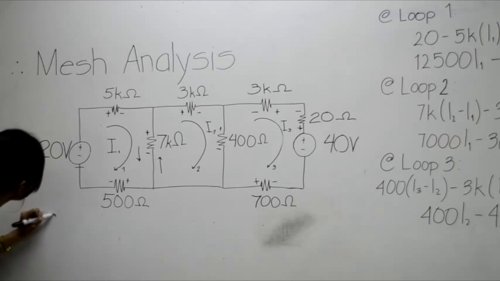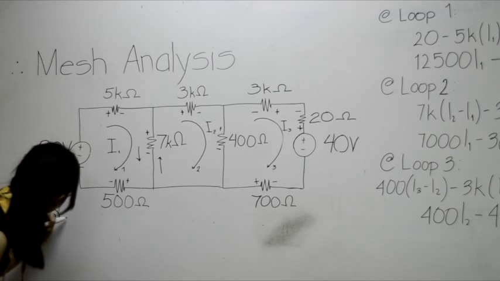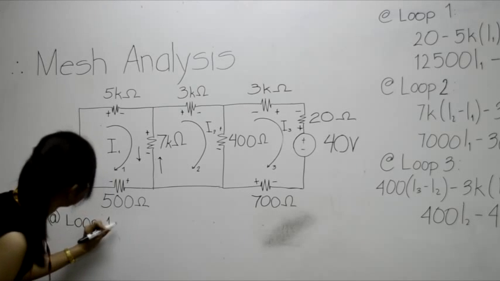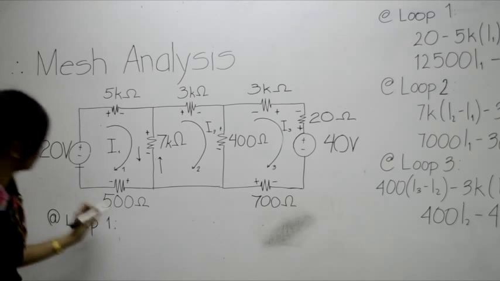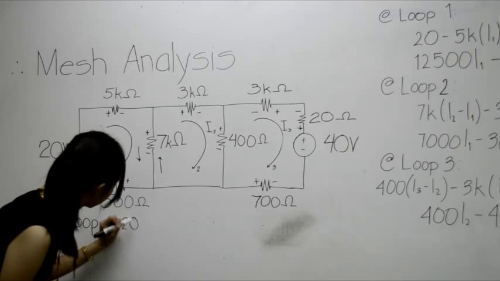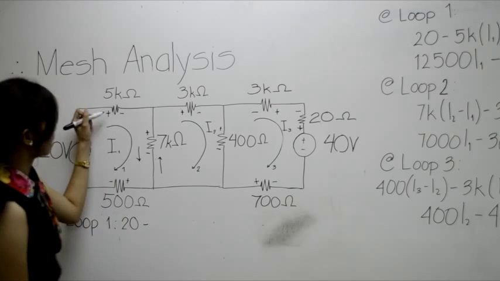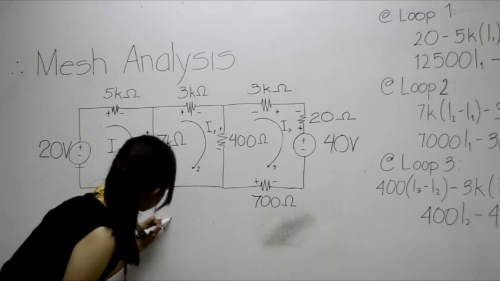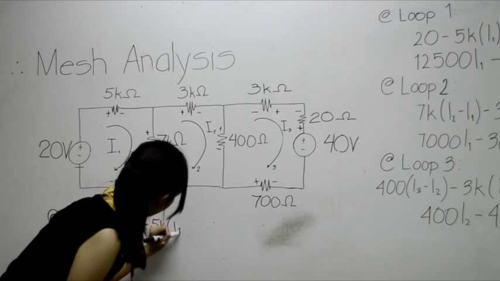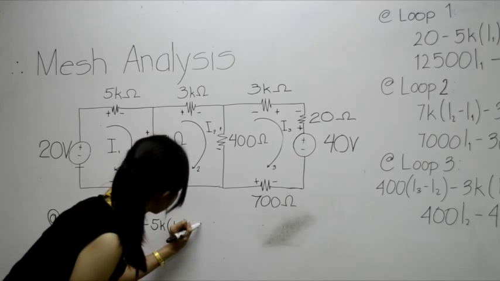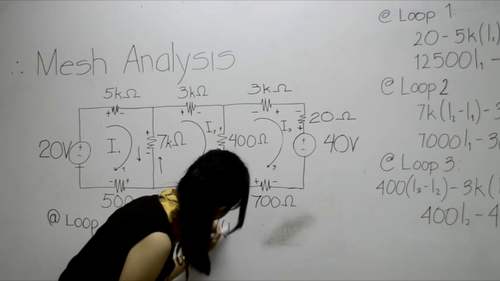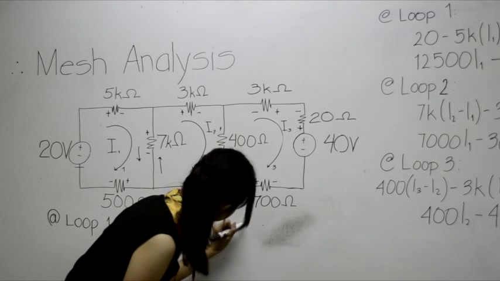Our equation at loop 1 is 20 volts minus 5 kilo ohms times the circulating current, which is I1, minus 7 kilo ohm times the circulating current I1 minus I2.